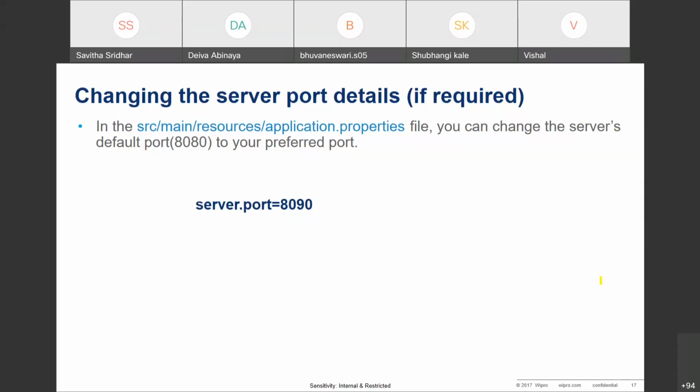So what I can do is, if you want to change the server's default port, you can go to your src/main/resources. There you have application.properties, or you can also use another alternative called application.yml. Yeah. And in that you can change your preferred port. So there's a property available called server.port, and using this I can change it. Guys, are you all with me?